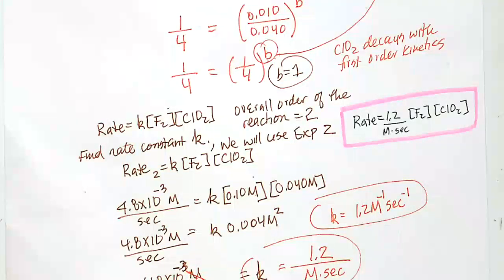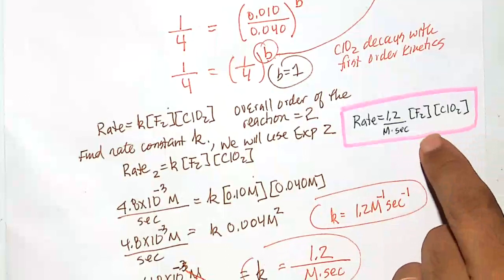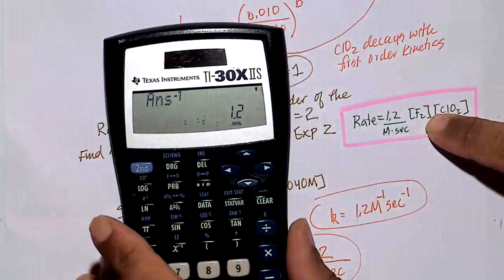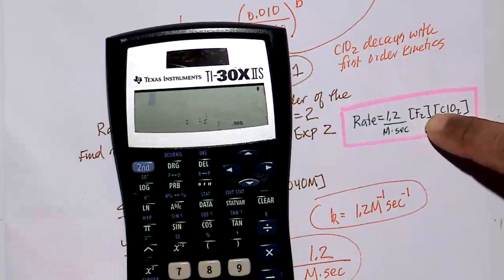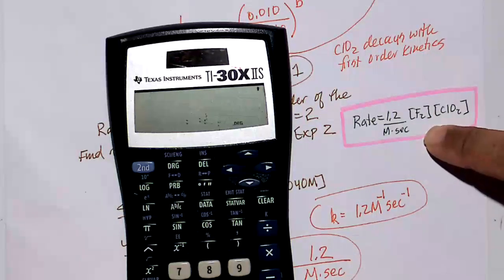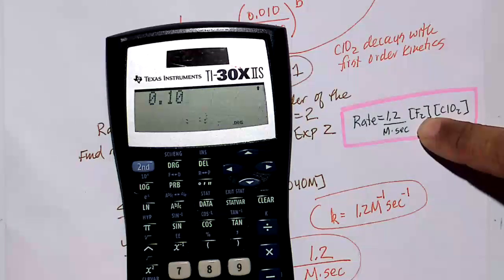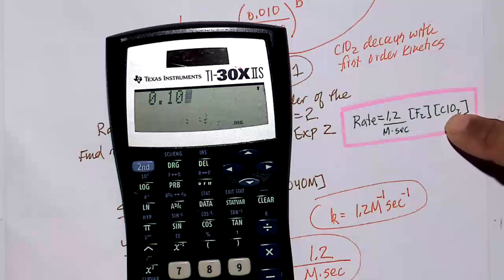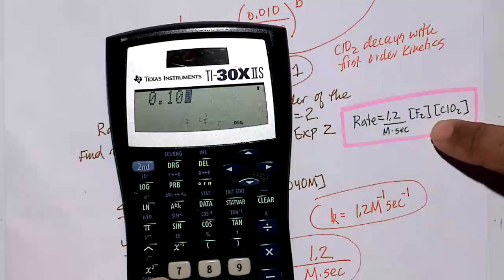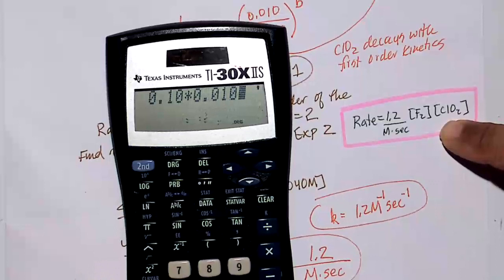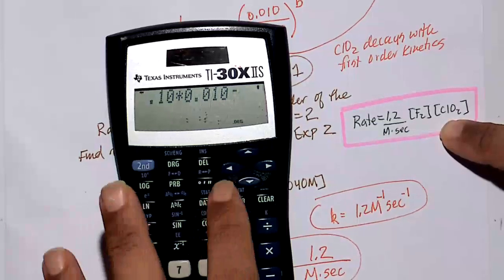Before I let you go, Ashley, for experiment 1, what was the concentration of F2? Experiment 1. F2, experiment 1 is 0.10 raised to the first power, times, what was the concentration of ClO2? 0.01.